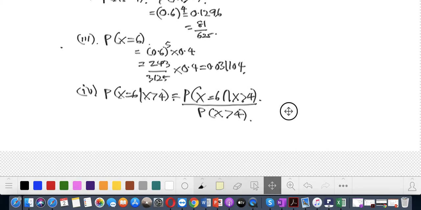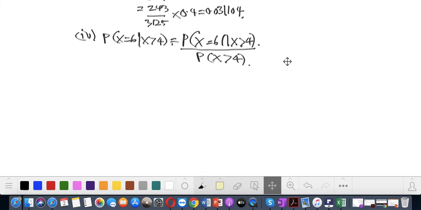So now let's find this out. Before we do that, there are certain things that we have to know. Let's say x equals 6. I'm going to draw it on a number line, and let's say this is 2, and that's 4.